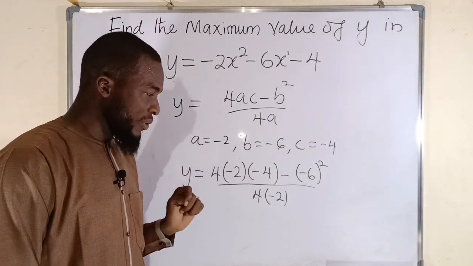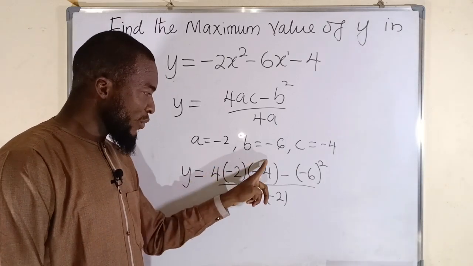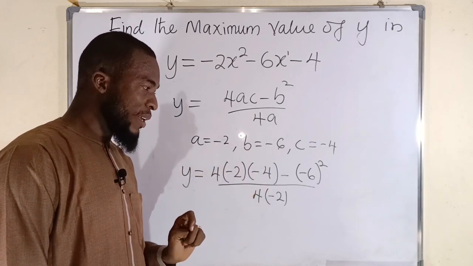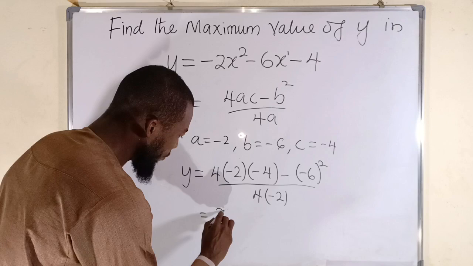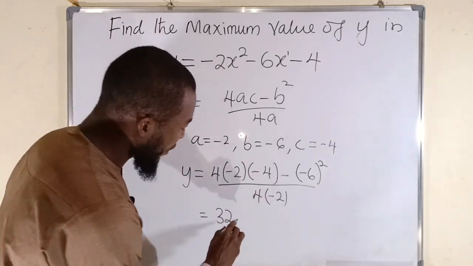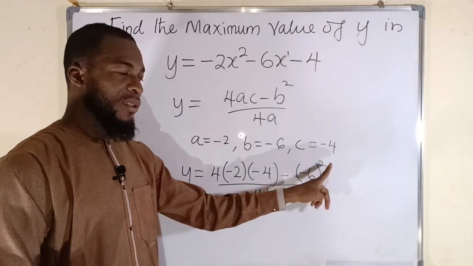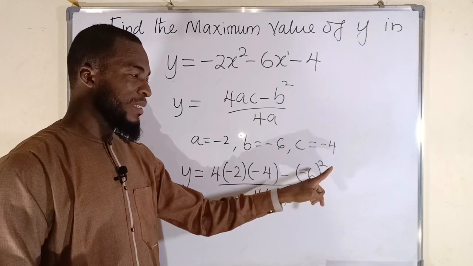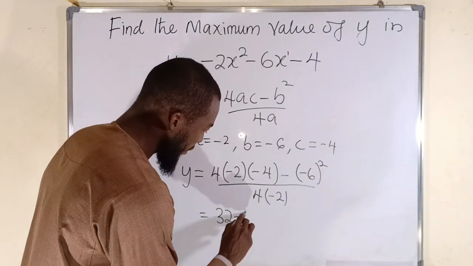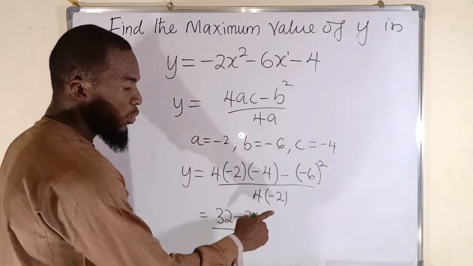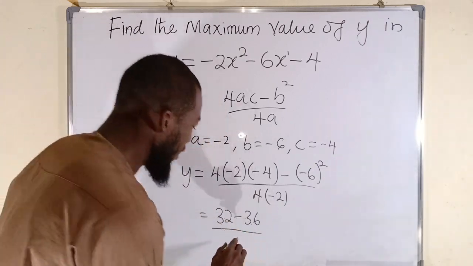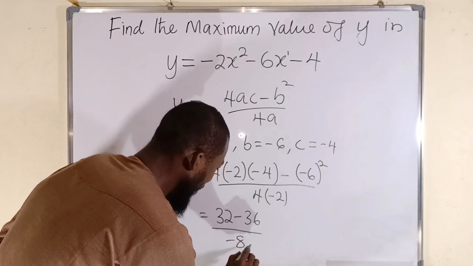Negative, negative is positive, right? 4 times 4, 16. 16 times 2 is 32. So we have this equal to 32 minus negative 6 to the power of 2, which is 36. 36 divided by 4 times negative 2 is negative 8. So we have negative 8 here.